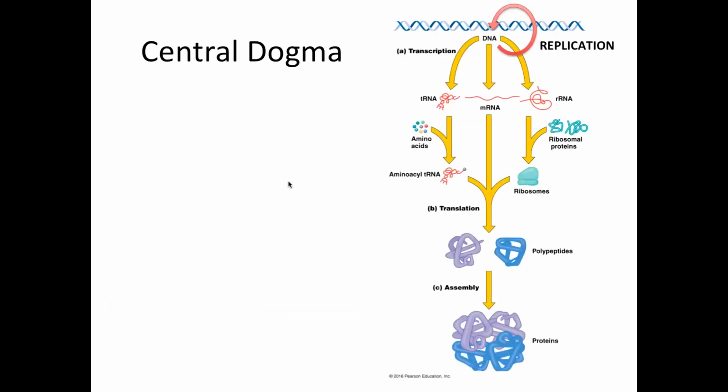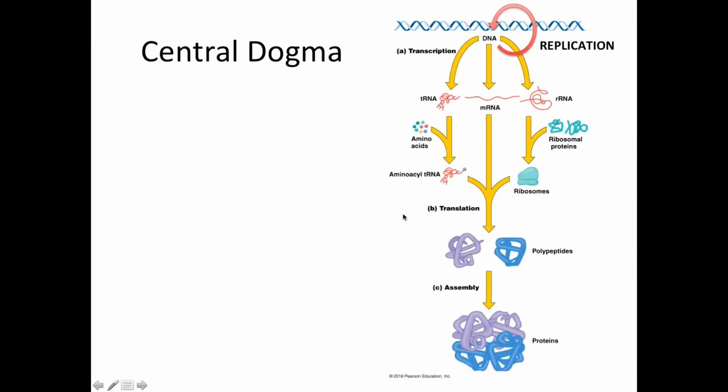The central dogma describes the flow of information from DNA to RNA to proteins. As a reminder, this first process involves the DNA replicating itself. The cell cycle includes both interphase and mitosis, and the DNA must replicate itself before the cell can divide.